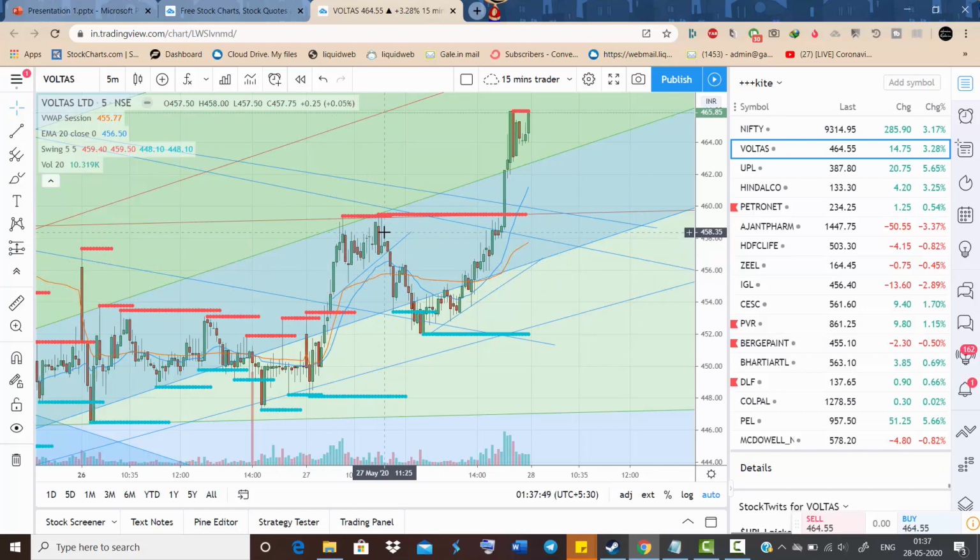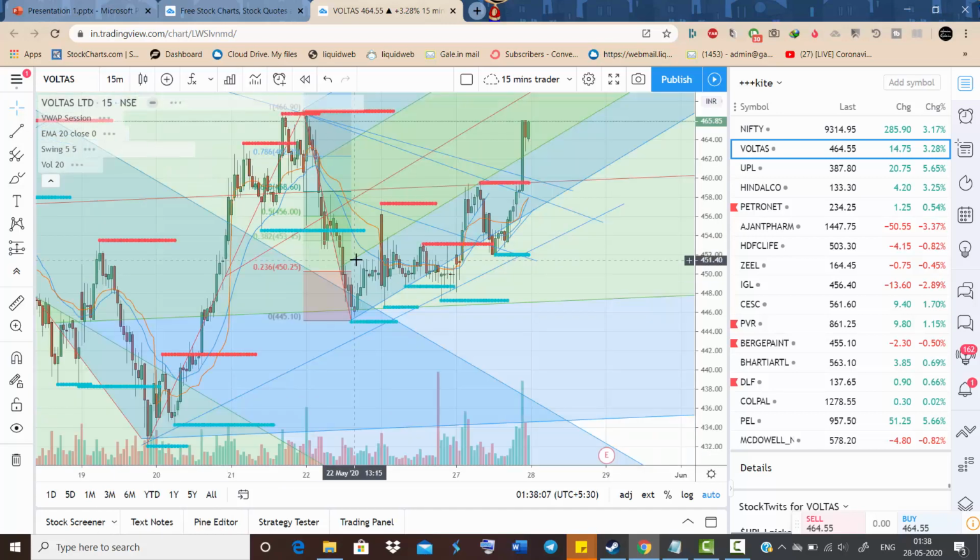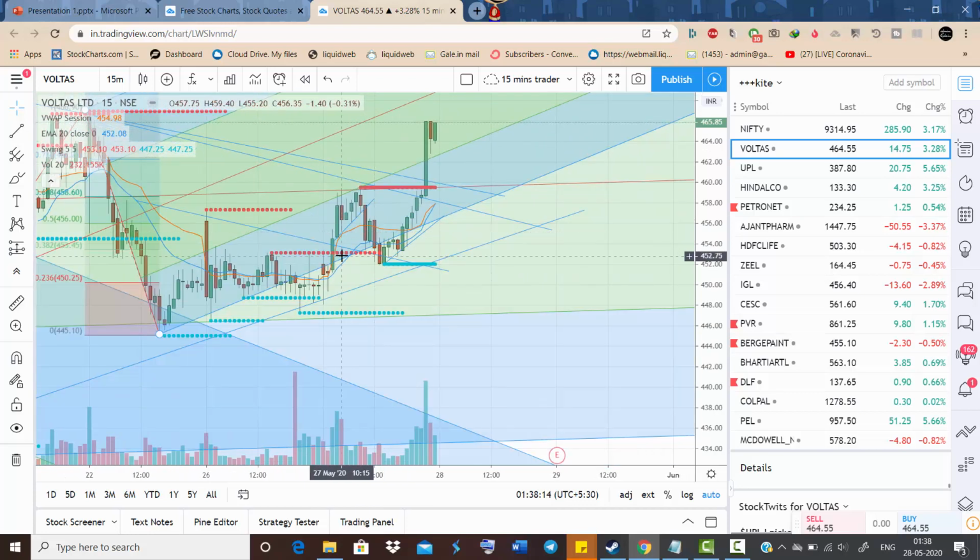Either I could book my profits at this point, or we waited for the swing to happen, a good consolidated swing on a 15-minute chart. Normally we trade on a 15-minute chart and swing. In this low volume, on average volume, you just wait for the swing to happen.